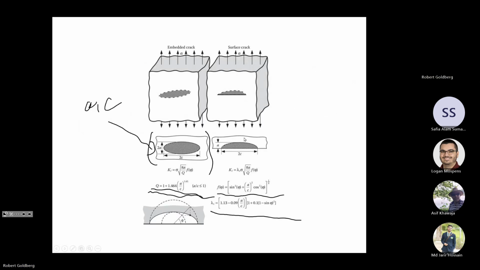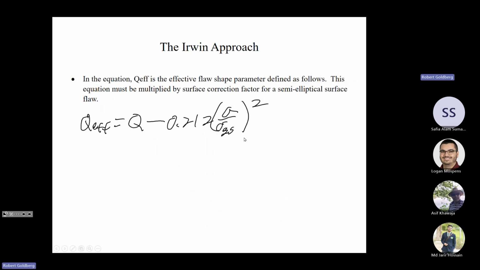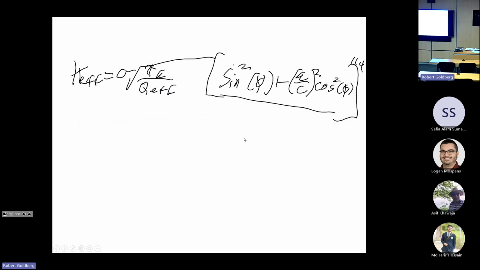So we take the Q we computed here, substitute that in here, and we subtract off this additional factor, and that'll give us our effective Q for our analysis that we can then substitute in here.